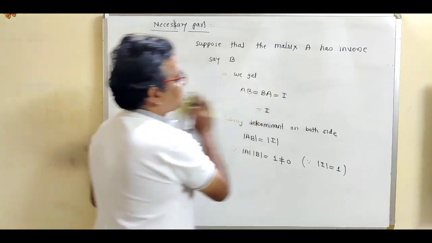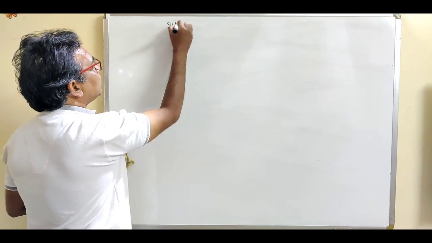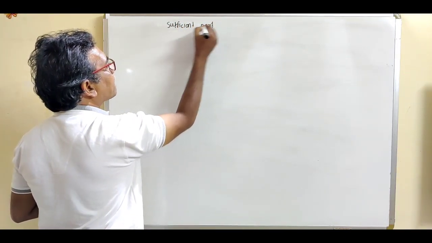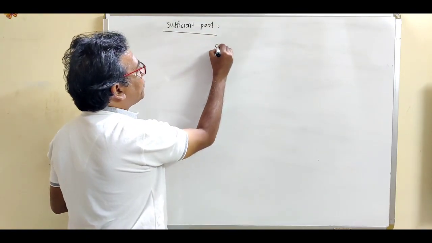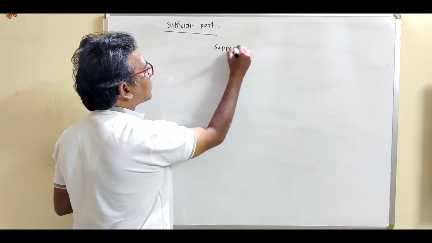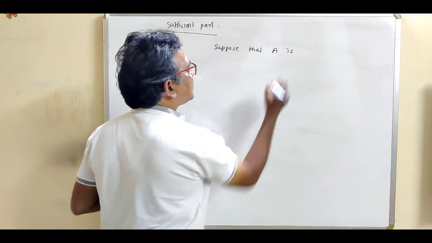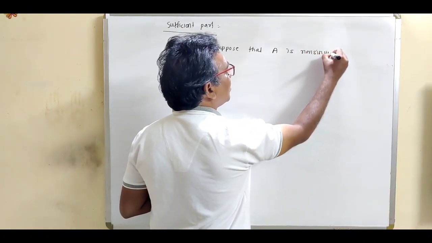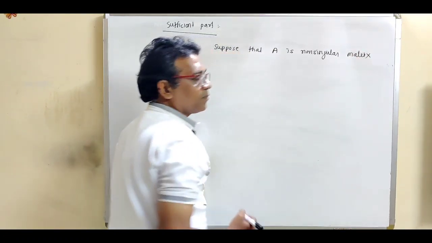Now let us prove the sufficient part. Write down sufficient part. So prove the converse. Suppose that the matrix A is a non-singular matrix.